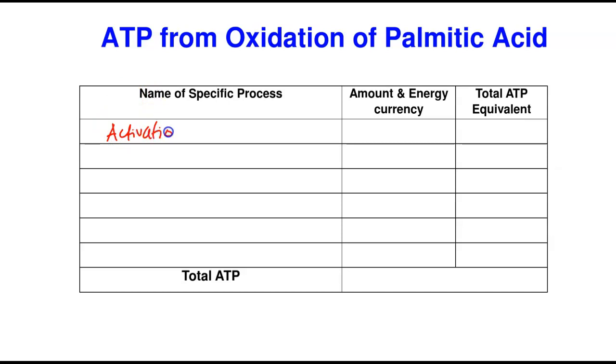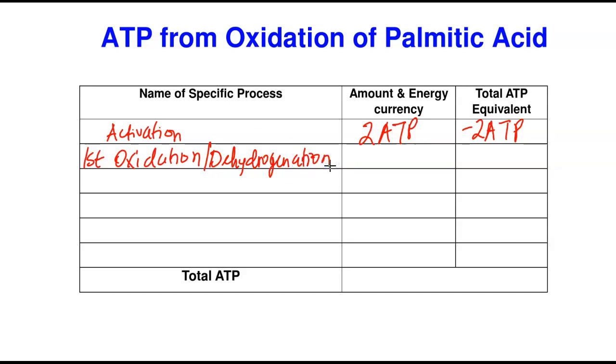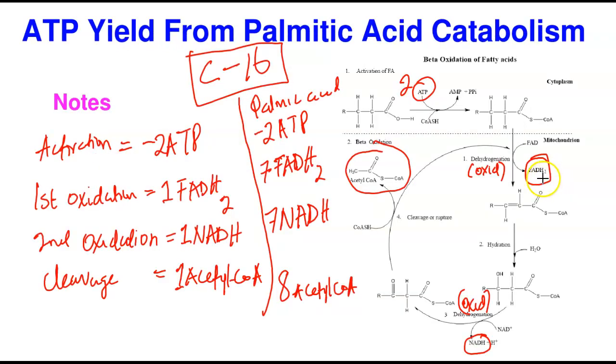In the activation of fatty acid, we use 2 moles of ATP, and actually we are losing 2 moles of ATP there. In the first oxidation, or dehydrogenation, whichever you want to call it, it doesn't matter. Both reactions were dehydrogenation reactions. What do we generate? FADH2.